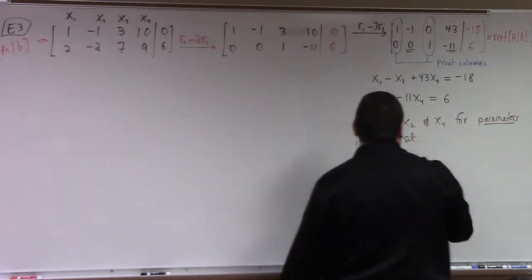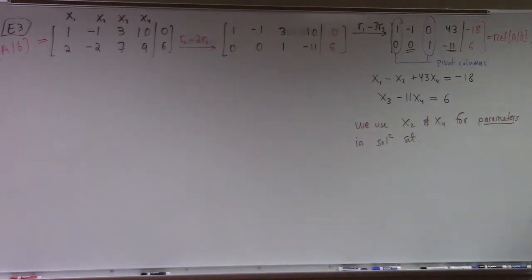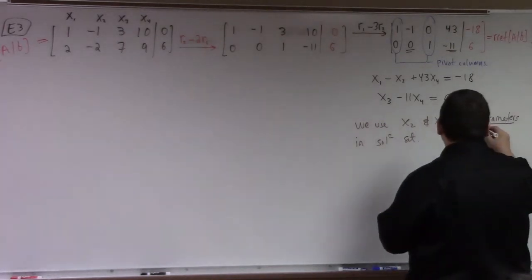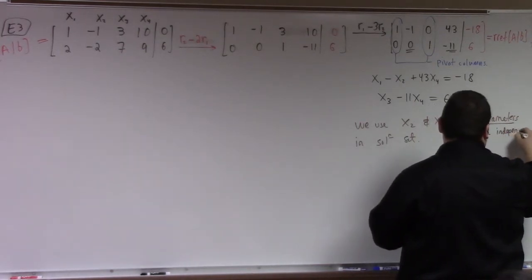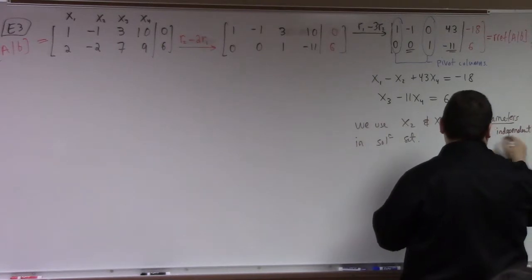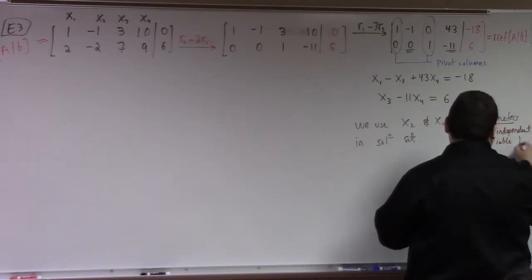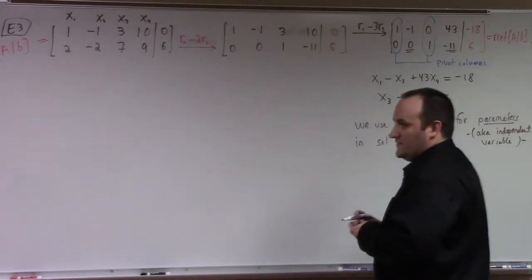In other words, we'll write x1 and x3 as dependent variables with a dependence on the independent variables x2 and x4. So another word for parameter is independent variable. You might say free parameter, just to drive the point home.